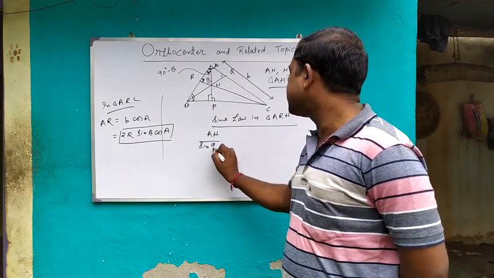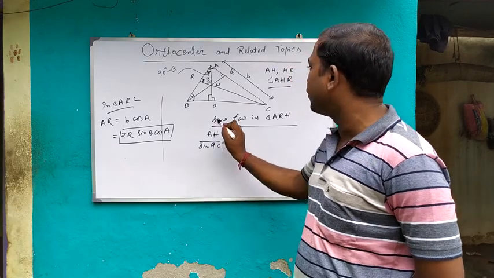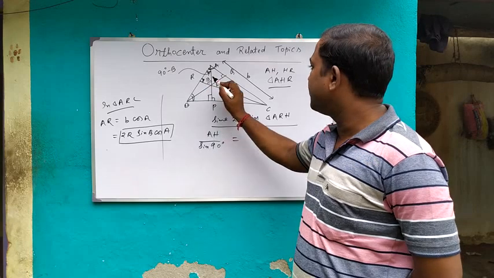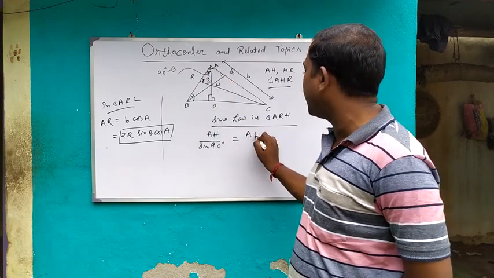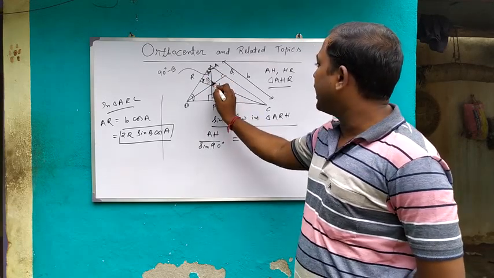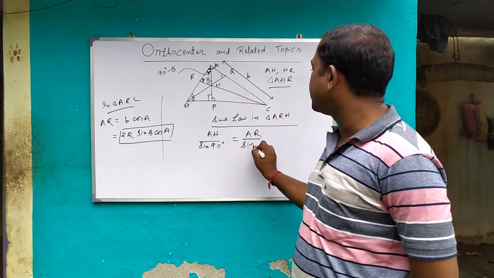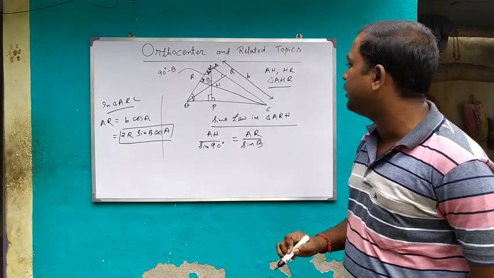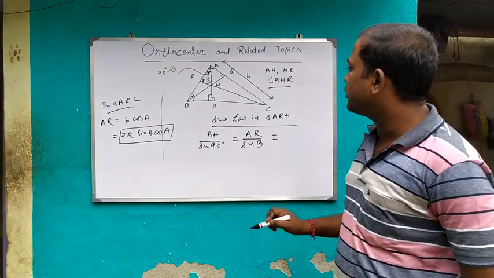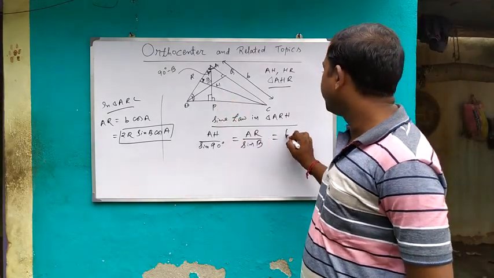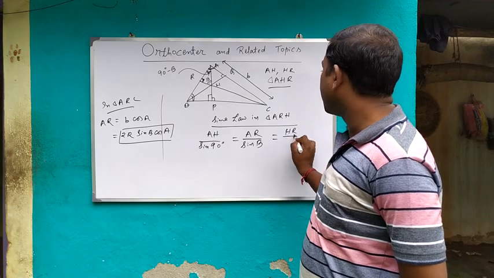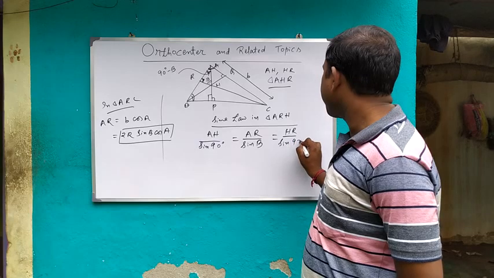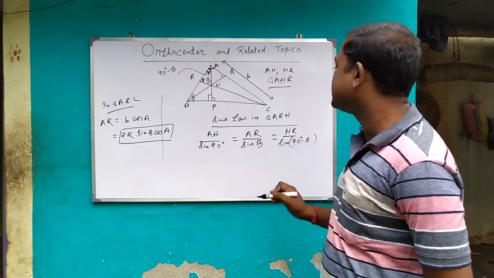AH by sine 90 degree, that is equal to, see, RH and this is AR. So we are writing AR by the angle opposite to AR, which is angle B. So we are writing upon sine B and the remaining HR. HR upon sine of 90 minus B, the angle opposite to HR.